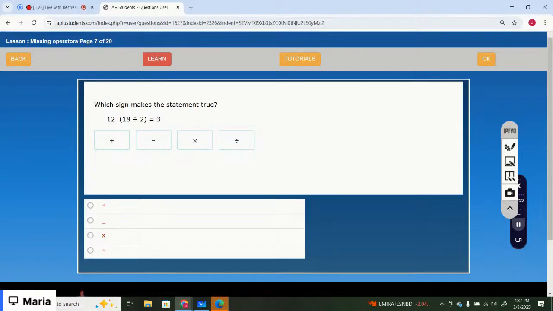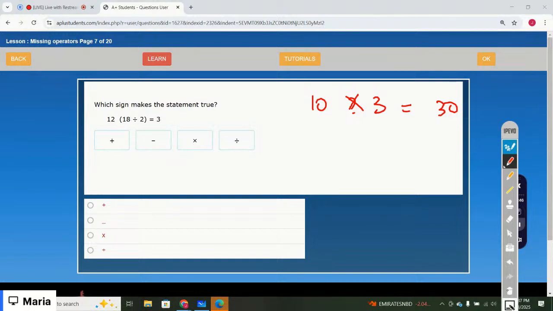Which sign makes the statement true? 18 divided by 2 is 9.